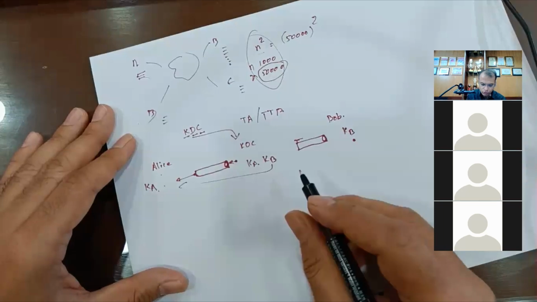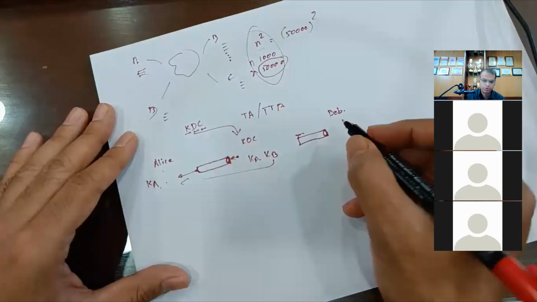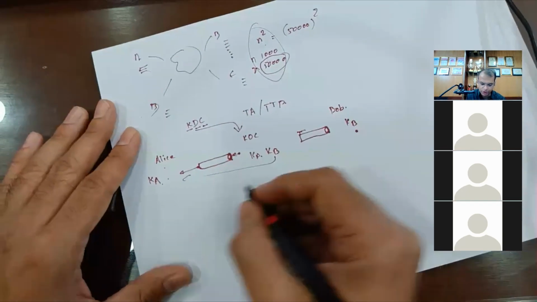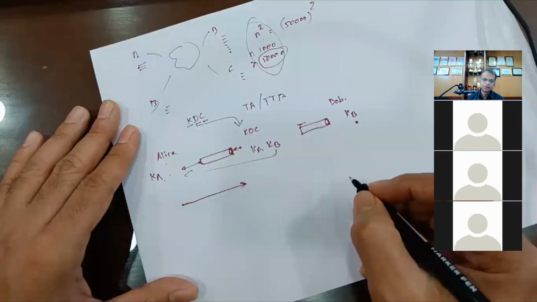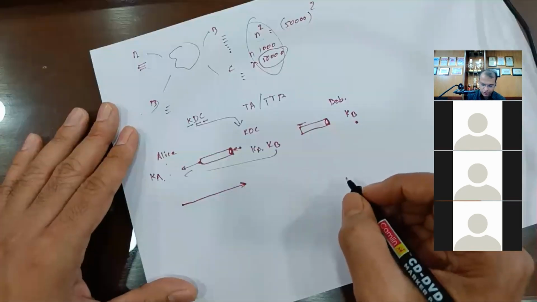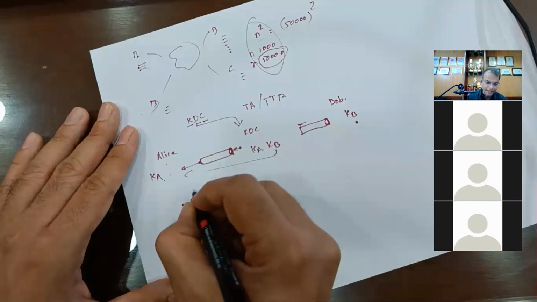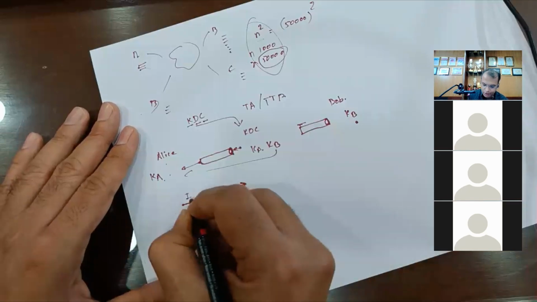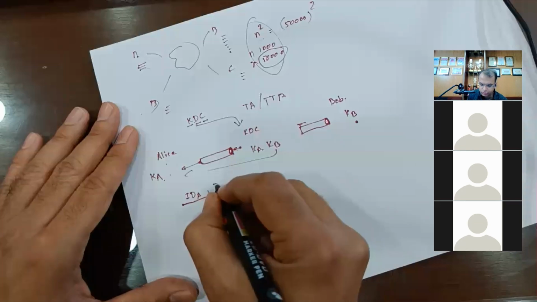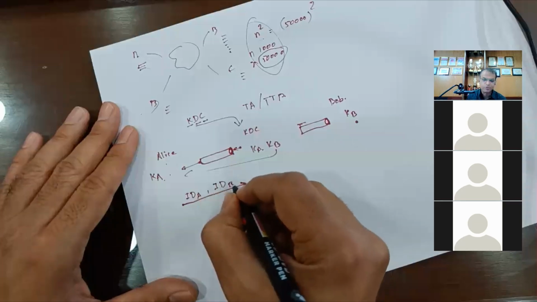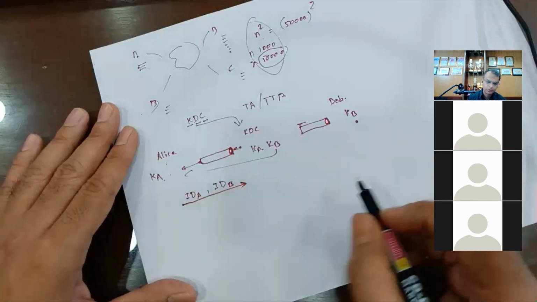Now, let's say she wants to communicate with Bob at some moment. She will initiate a message which will have the ID of herself and the ID of the person she wants to talk to.